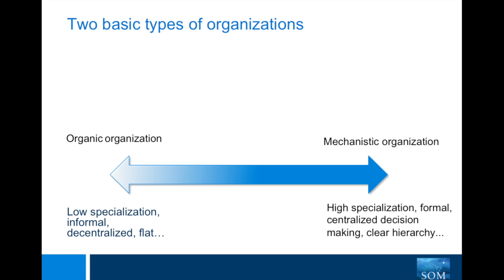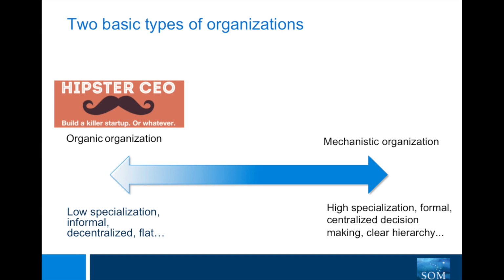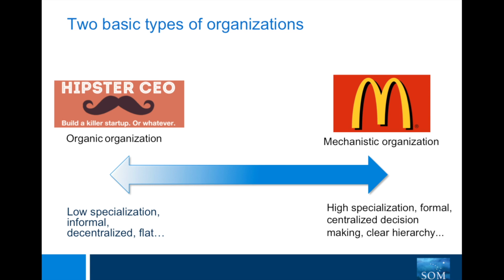So these 6 elements kind of come together on a spectrum. You see some go together better than others. And we generally describe 2 different types of organizations, an organic organization and a mechanistic organization. An organic organization features low specialization. It's a very informal, decentralized, non-hierarchical kind of environment.